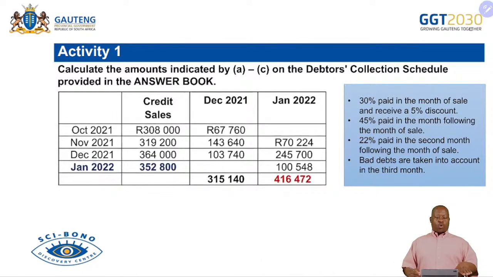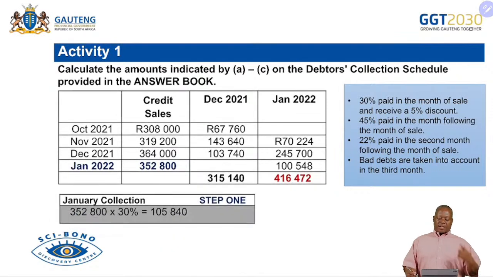And then let's finish it off. We want now to collect in January, for January. Remember, that's the first collection. That's our 30% that we are collecting, right? But remember, this first collection always comes with a 5% discount. So we calculate 352,800 times 30%, and we got 105,840.